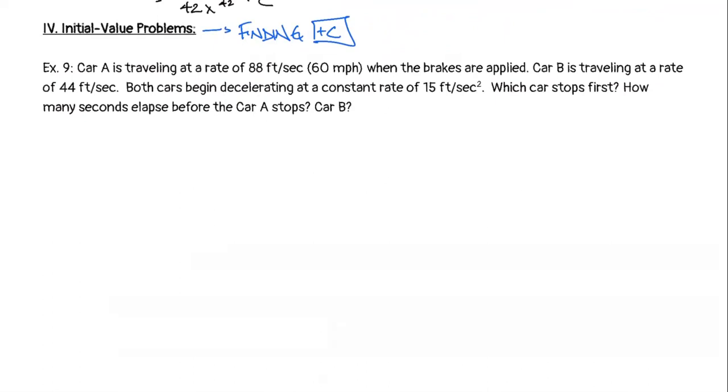My question to you is, which car stops first? So we've got car A and car B driving down the road. Maybe they see a squirrel crossing the road, they always seem to do that at inopportune times. They slam on their brakes. Who's going to stop first, car A or car B?